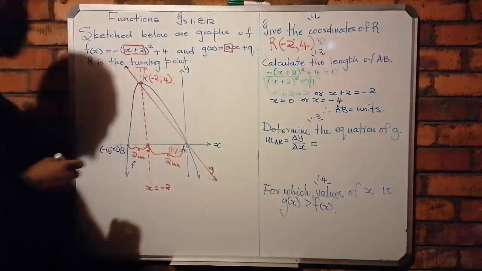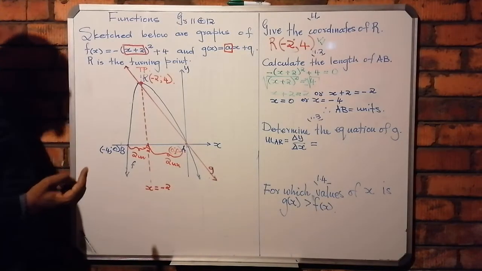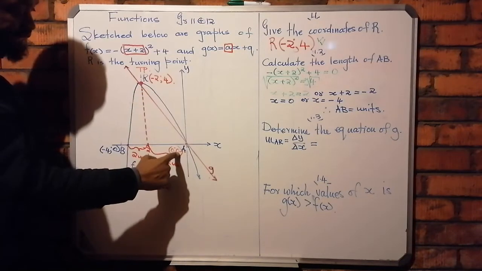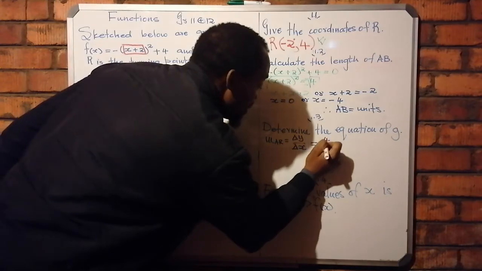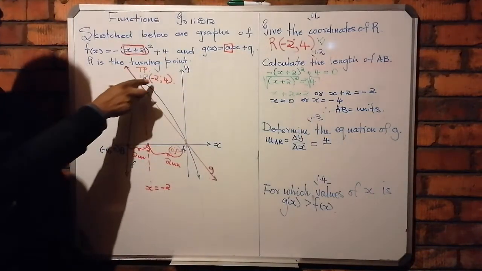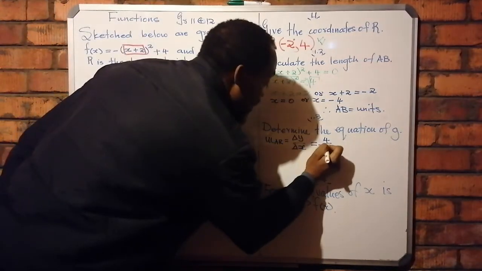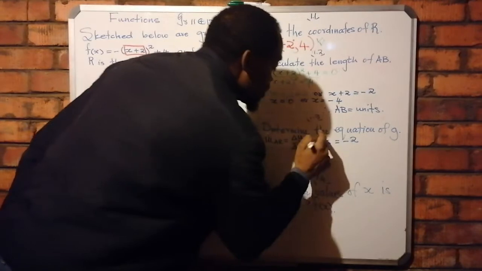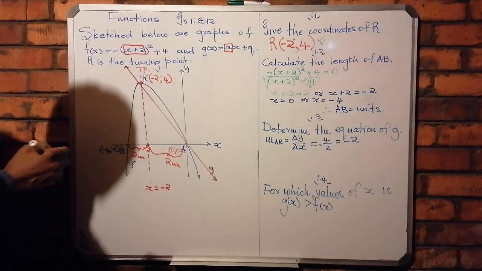And that is gonna give us 4 minus 0, which is 4, divided by minus 2 minus 0, which is minus 2. And the gradient of this is 4 divided by minus 2, which is minus 2.